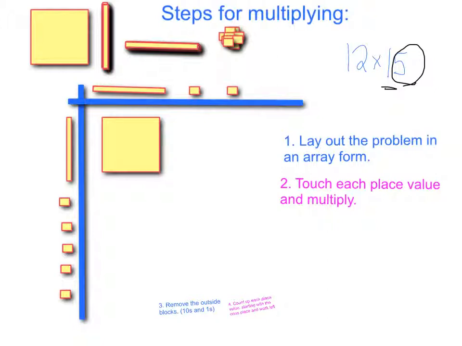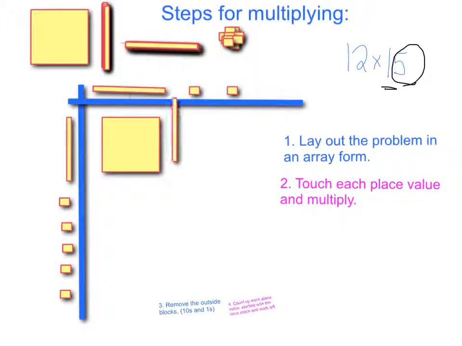Then the second thing I want to do, I'm going to keep touching along. I'm going to touch everything along the side and take everything along the side times everything along the top. I did my 10 times 10, which gave me 100. So the next thing I'm going to do is take my 10 times 1, which will give me 10.